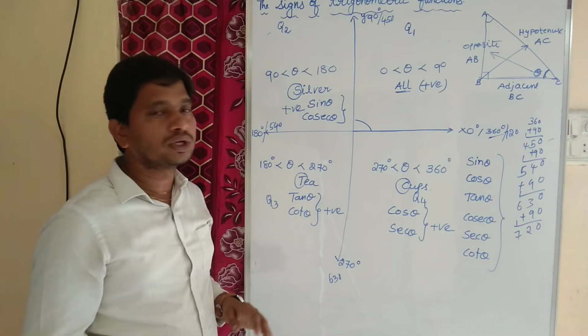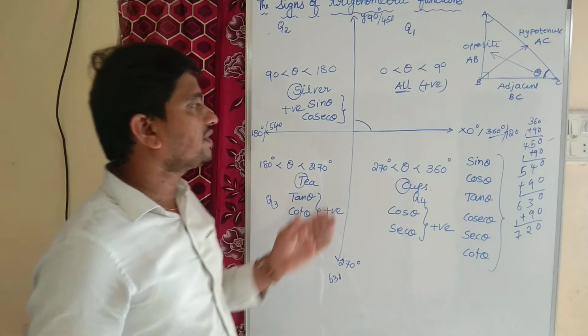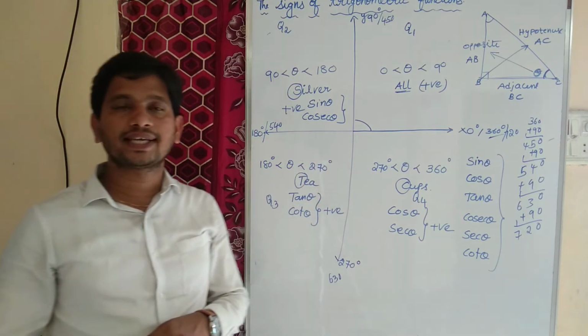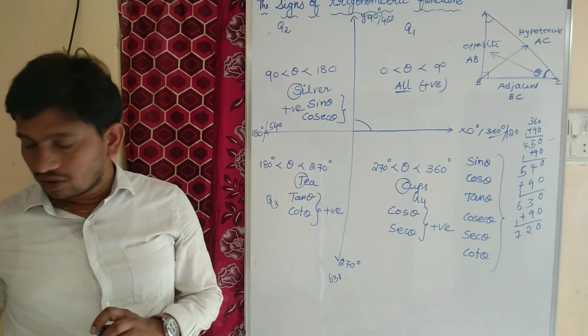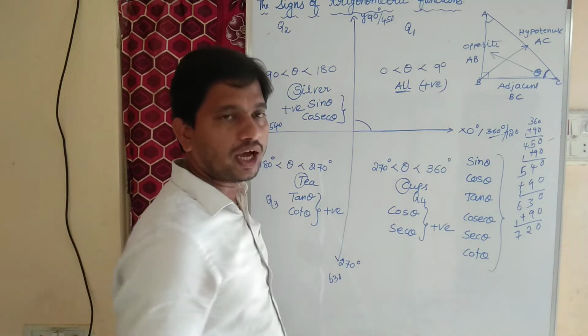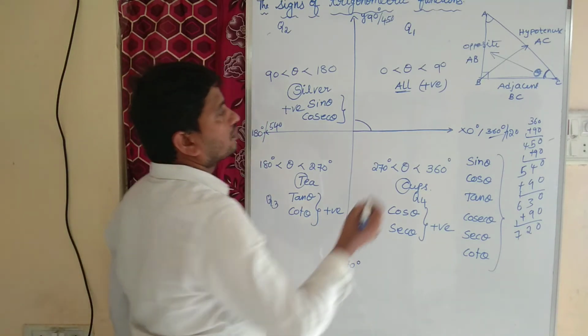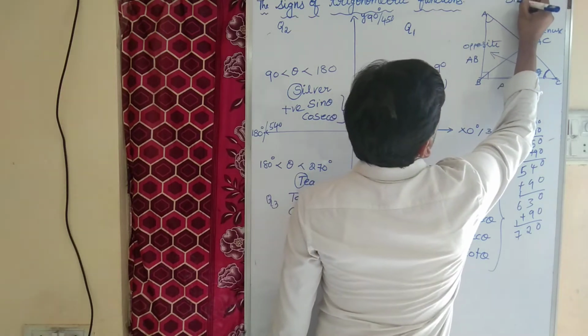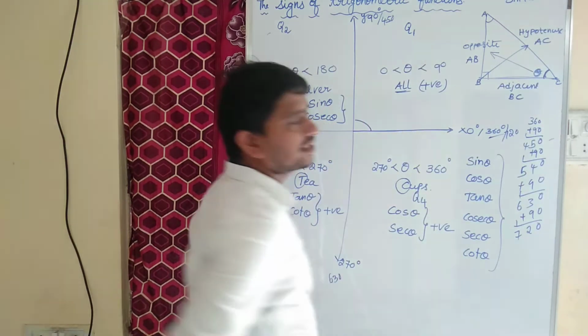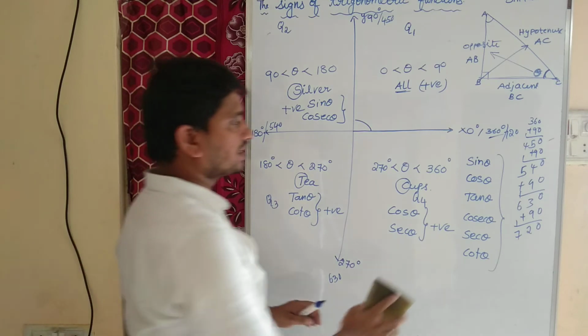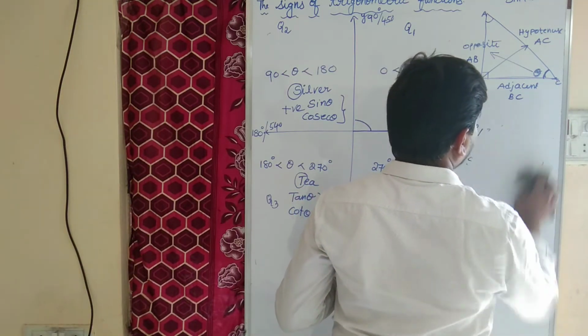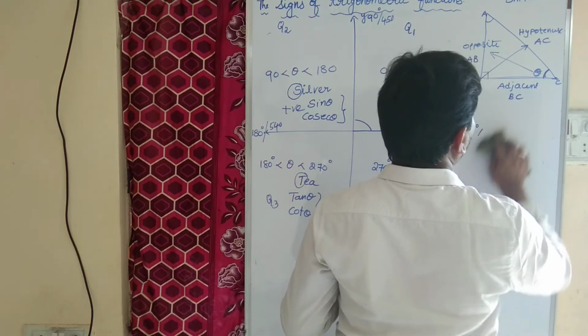So as I told you, coordinate 1 lies between first coordinate and second coordinate, right? So for example, I want to find out sine 120 degrees. 120 degrees, which is a positive angle.